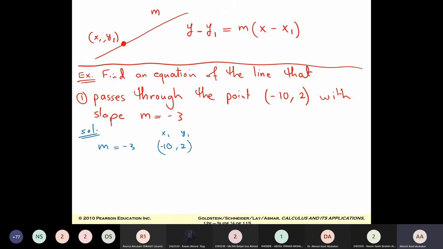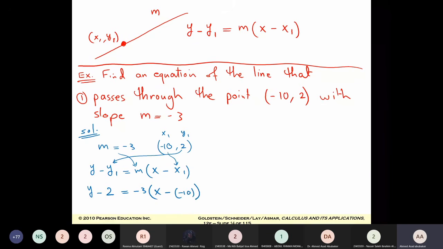Now the equation is y minus y1 equals m times (x minus x1). So we substitute m, x1 and y1 to find this equation. Now y minus 2 equals negative 3 times (x minus negative 10).